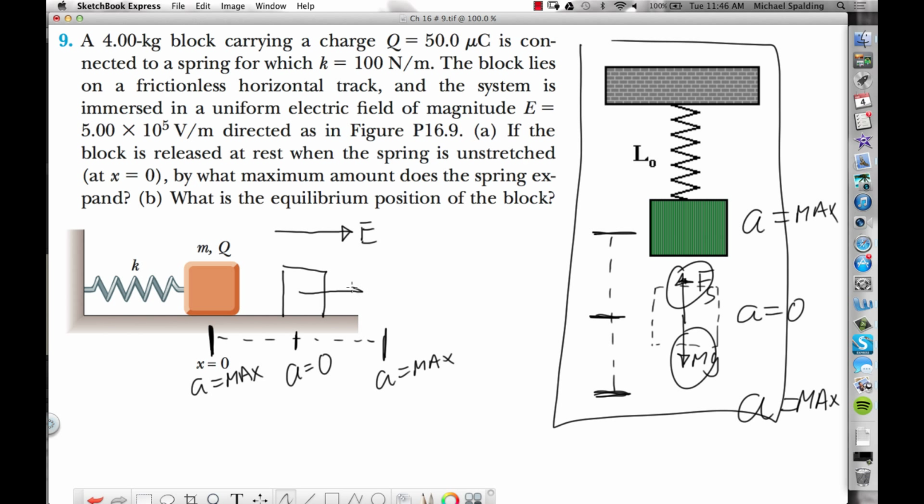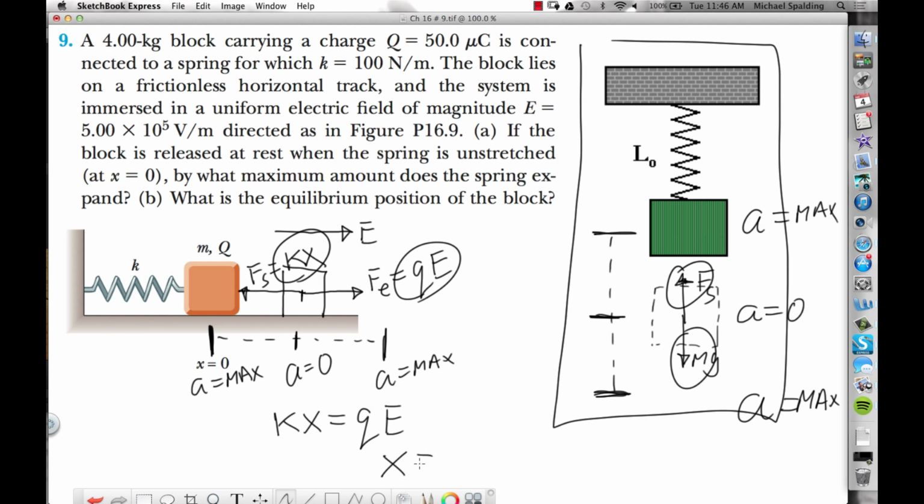We have the force of the electric field to the right and the force of the spring to the left. The force of the spring is kx. The force of the electric field is QE, not mg, but QE. These two forces cancel at equilibrium. That's what equilibrium means: kx equals QE.